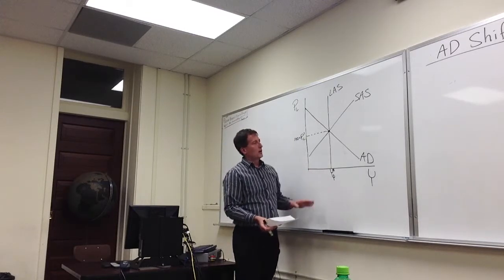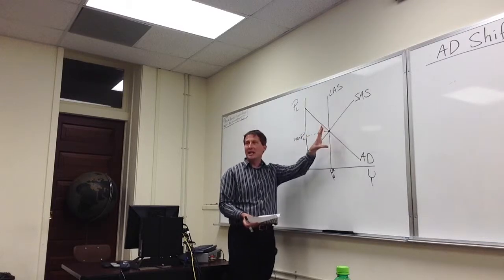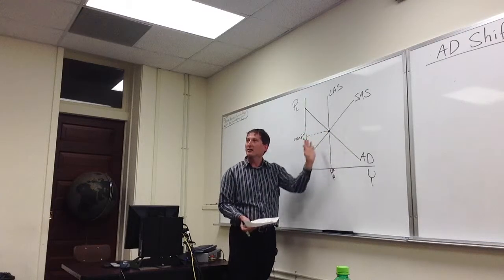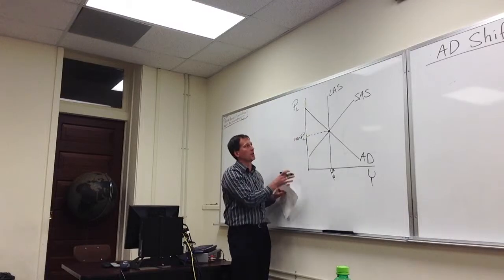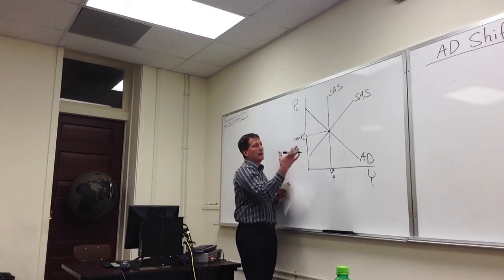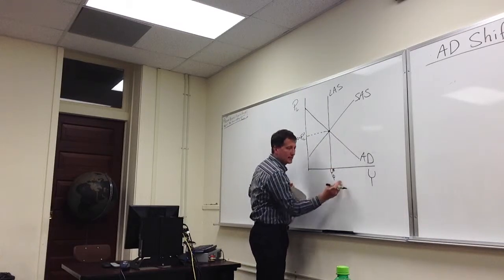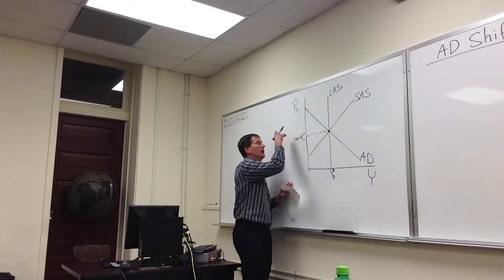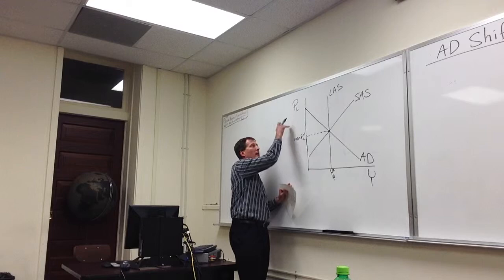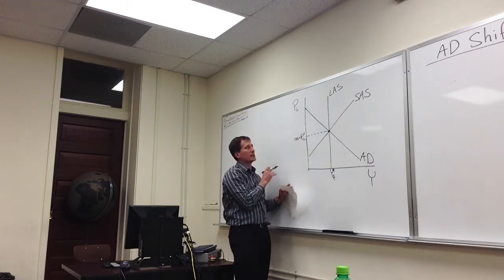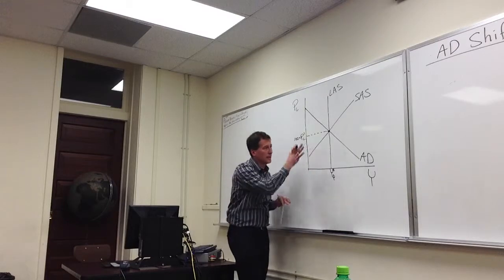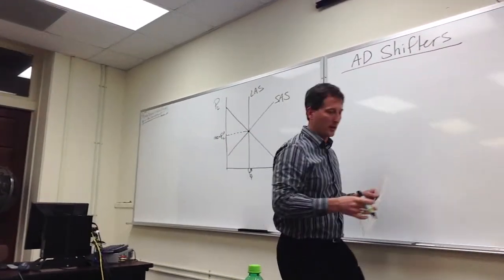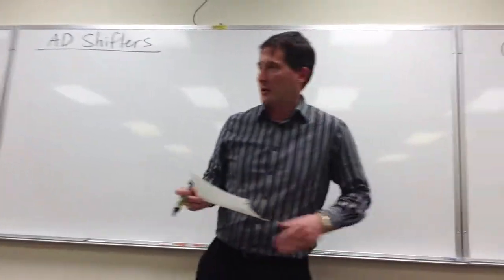And so the fun's going to happen when things change. And that's where these shifters come into play. Certain things are going to cause economic growth in the form of real GDP, and may as well also cause increases in the price level, which is ultimately inflation. So that sets the stage for these aggregate demand shifters.